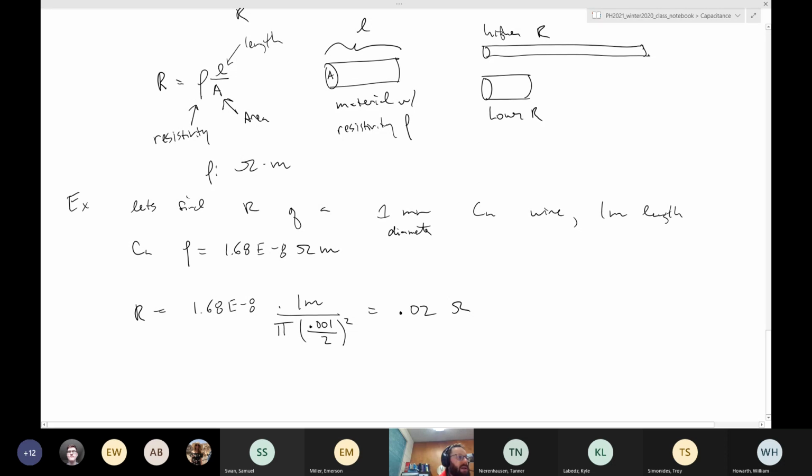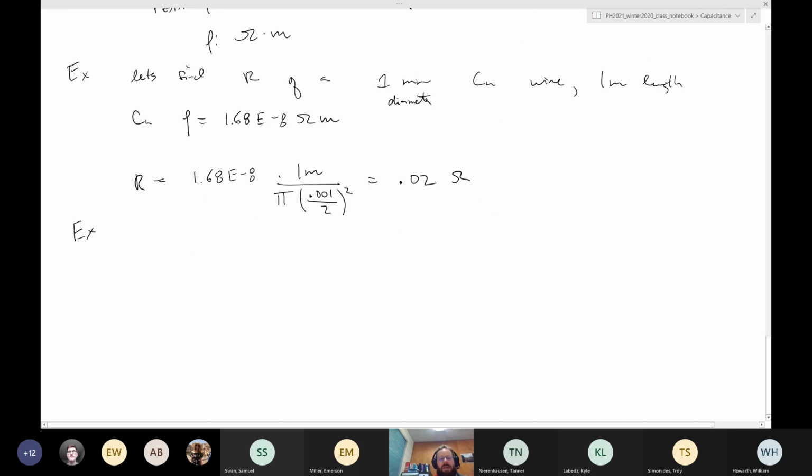So a kind of related question that I'll have you work on for a minute. For this length, how small a diameter would our wire need to be for the resistance to be 10 ohms?